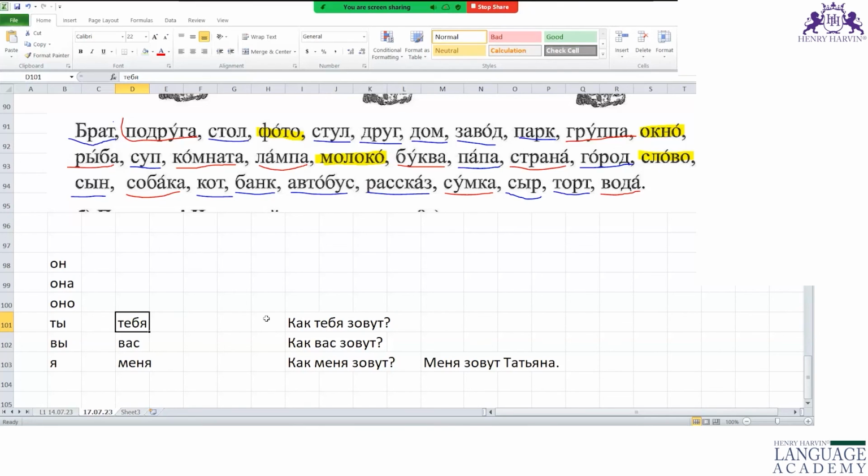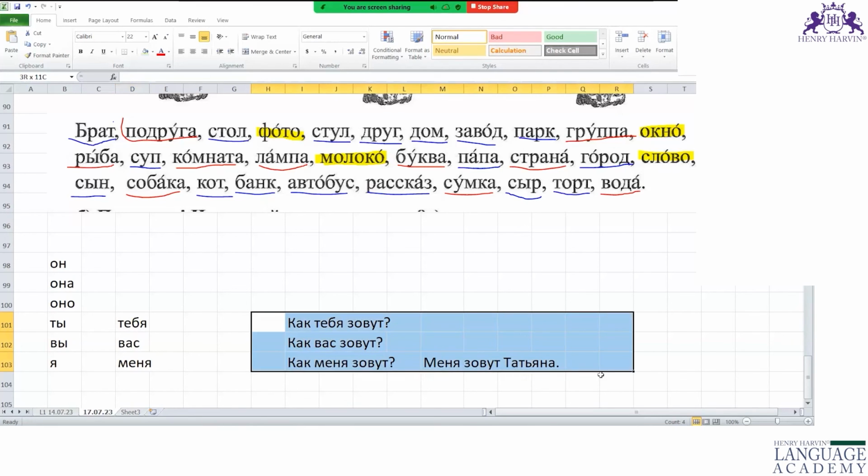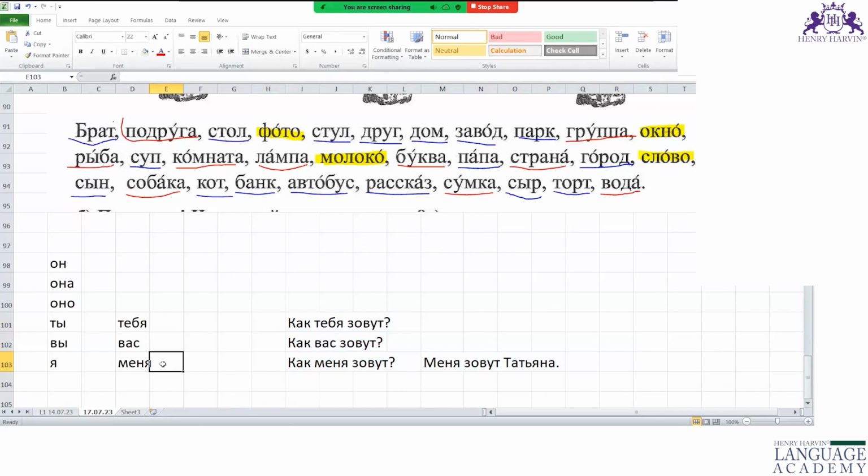Okay, so for now, you can just memorize these phrases. So ты changes to тебя, вы, вас, я, меня. Then after some time, when we start studying the cases, there are 6 different cases in Russian. So then you will start understanding why it happens like that. Okay. We do not go so deep right now. Just remember these phrases today.